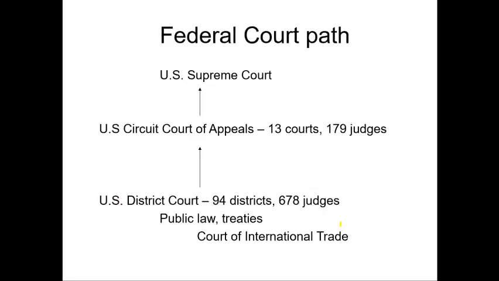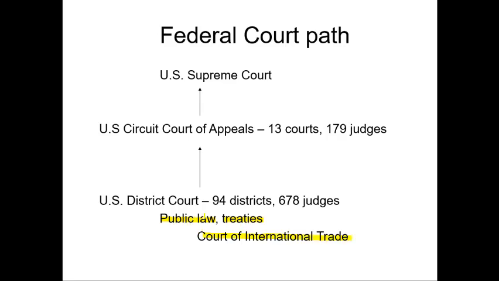Now let's take a look at the path that somebody would take if they wanted to go all the way to the Supreme Court. So what we have here is the federal court path. As I said before, we're looking at typically constitutional law, public law, laws having to do with administrative agencies, treaties, and courts of international trade, things like that.